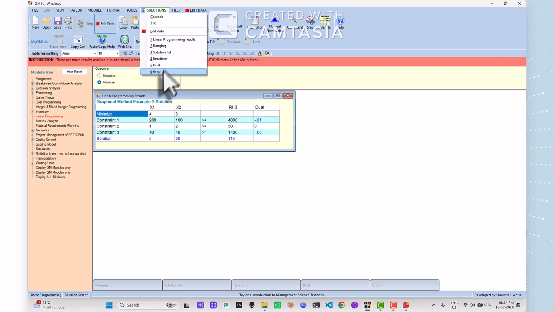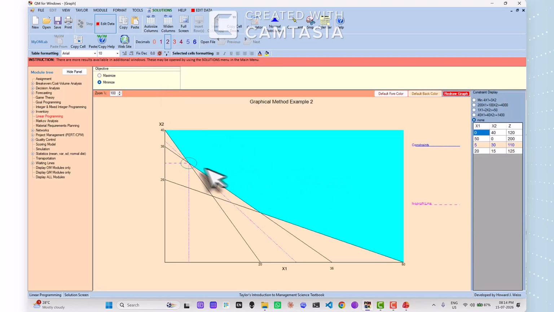So we are going to choose the graph. So this particular point is our solution. So there are many solutions over here for this particular problem.